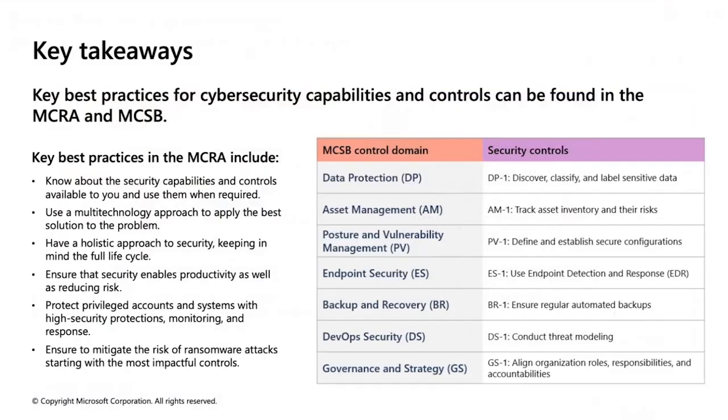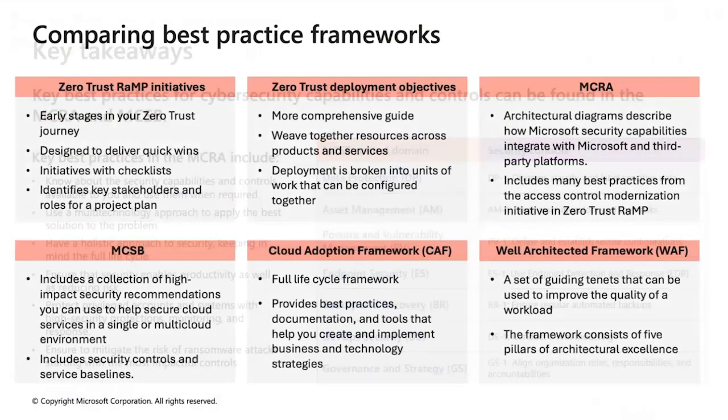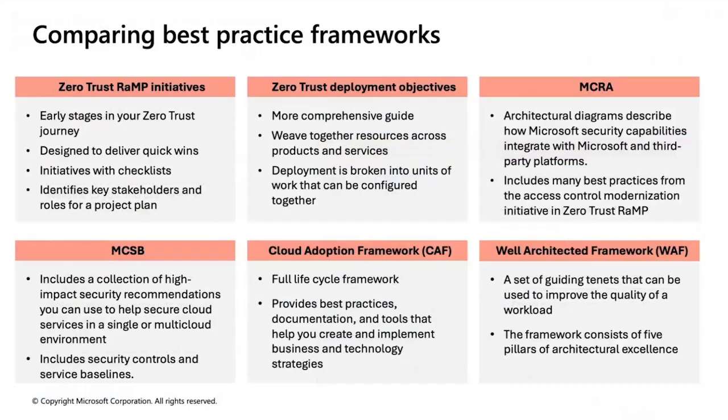Now, to summarize everything we have been talking about since the start: Zero Trust RAM is a quick approach to Zero Trust implementation. In the early stage of your deployment, you can go with RAM, which comes with a very quick, initial stage of implementation that you can start with and then move ahead on the cloud journey.